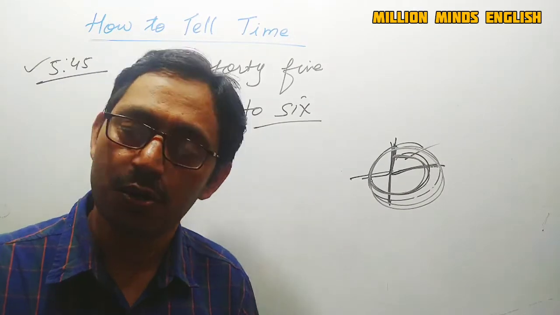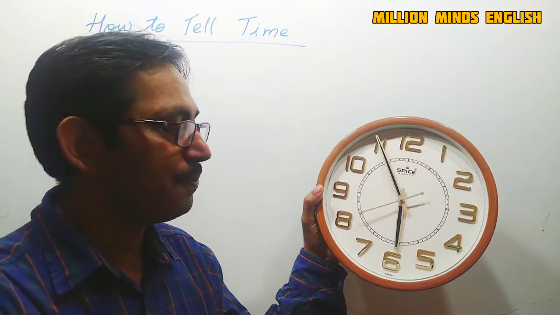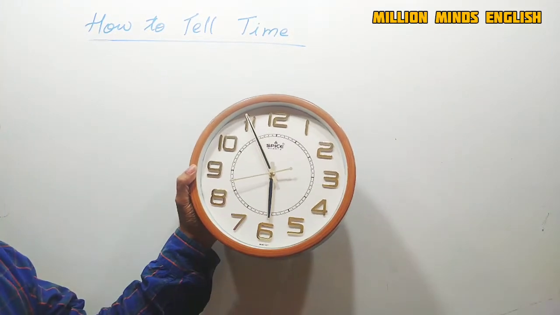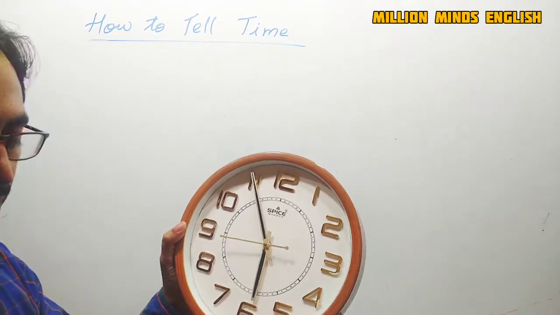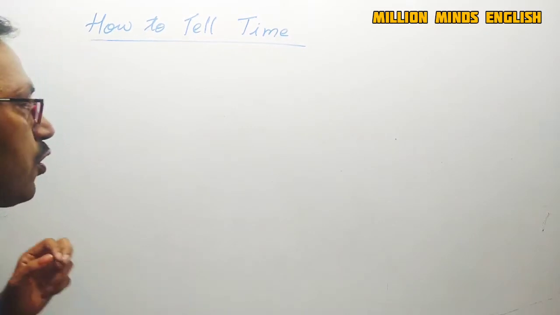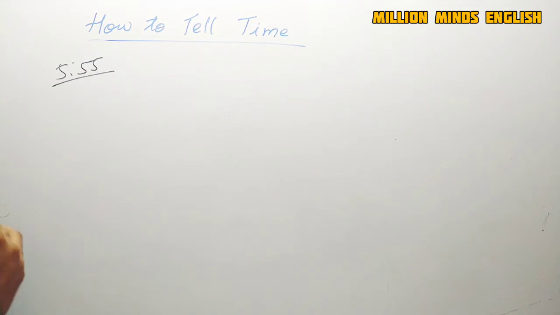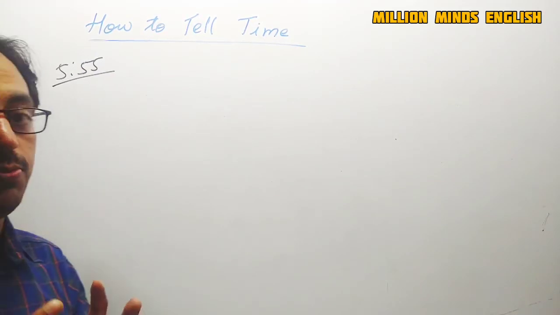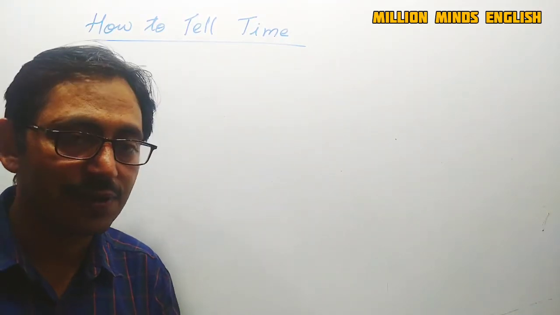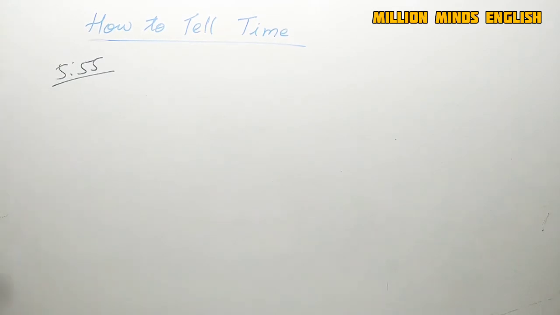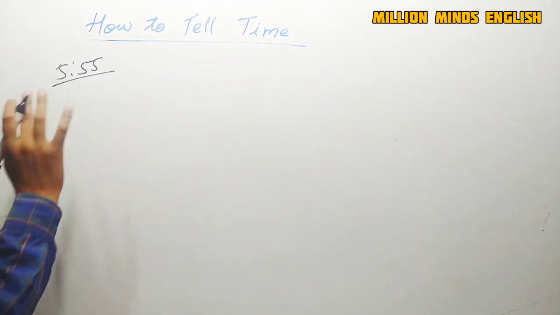Friends, again have a look here. What's the time now? It's 5:55, or you can say 5:55 और 6 बजने में 5 मिनट कम. Clear, friends? So what will we tell this time?